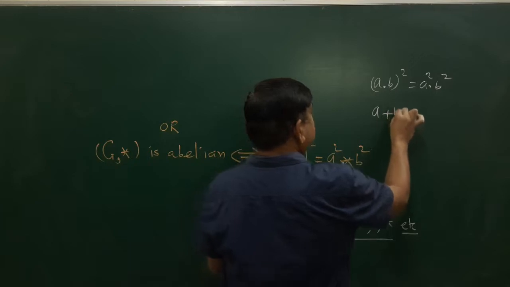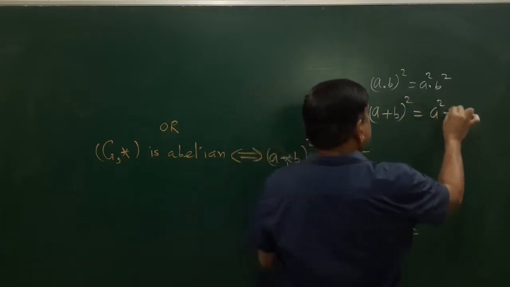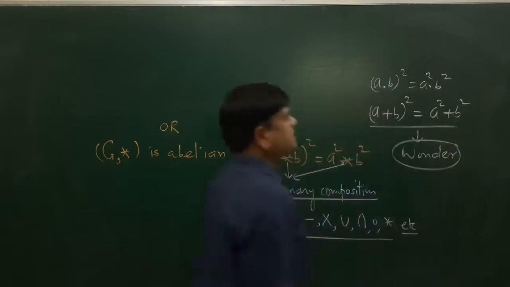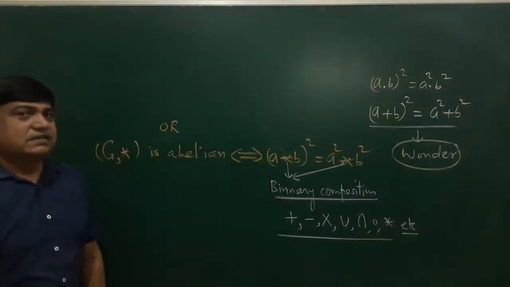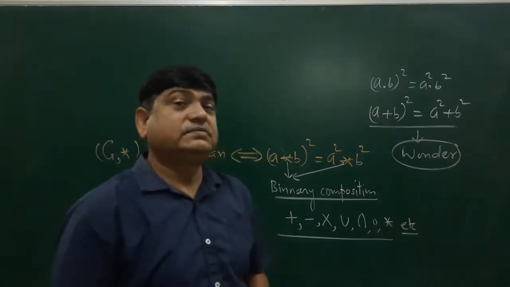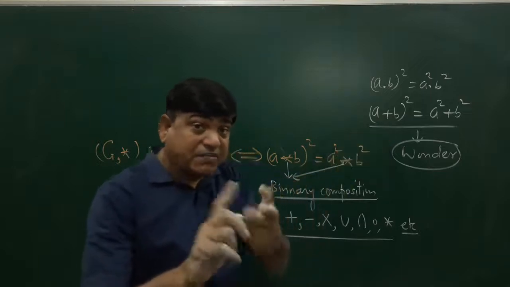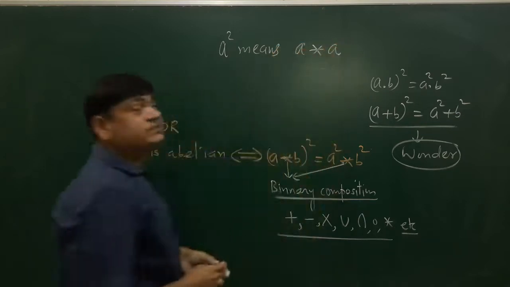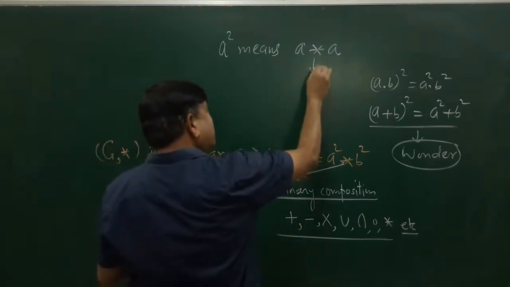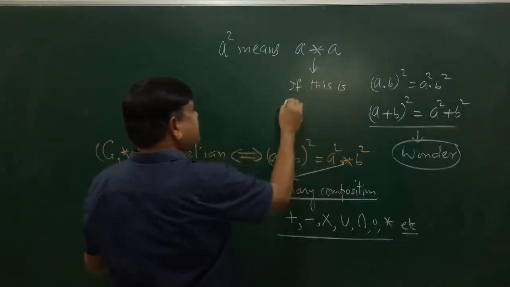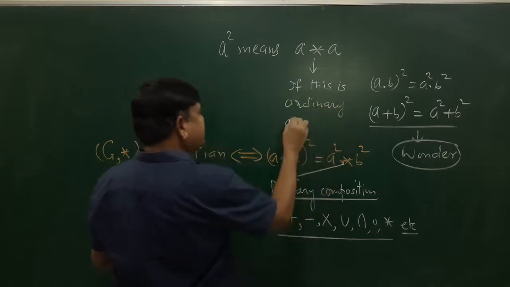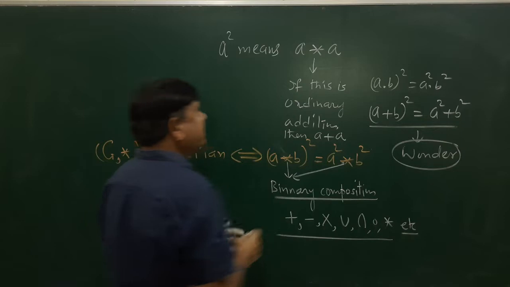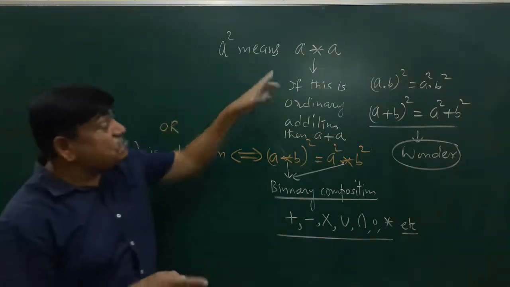If this binary composition is plus, be careful: this is the binary composition and you have written a square, which means, if this is ordinary addition, a plus a. It is not a into a.